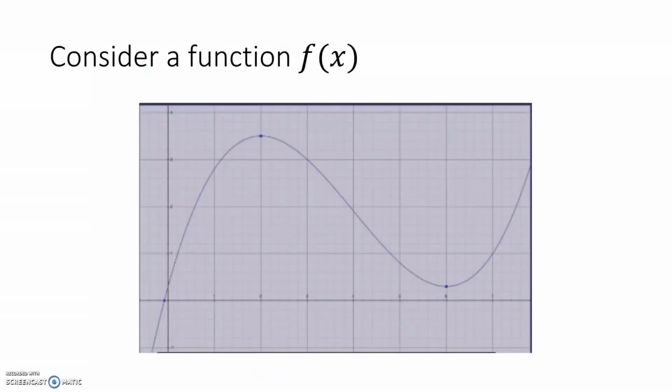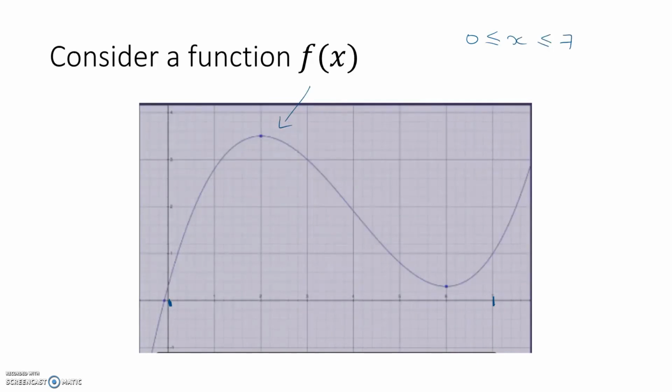Have a look at this function. Here we've got, say, an interval from 0 to 1, 2, 3, 4, 5, 6, 7. So we're looking at 0 is less than or equal to x, which is less than or equal to 7.